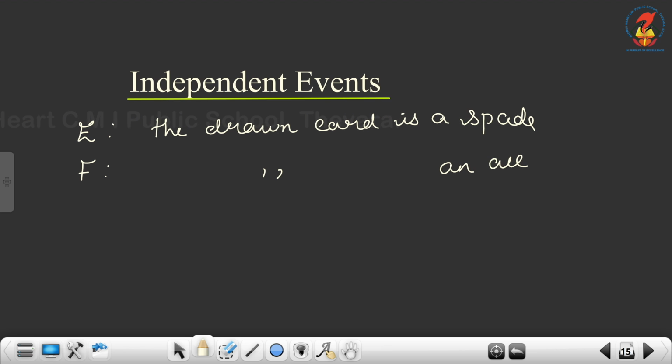So we have to take one card from a pack of 52 cards. E and F are two events. E means the drawn card is a spade, the other one is an ace. What is P of E? How many spades are there in the pack? There are 13 spades, so 13 out of 52, that is 1 by 4.